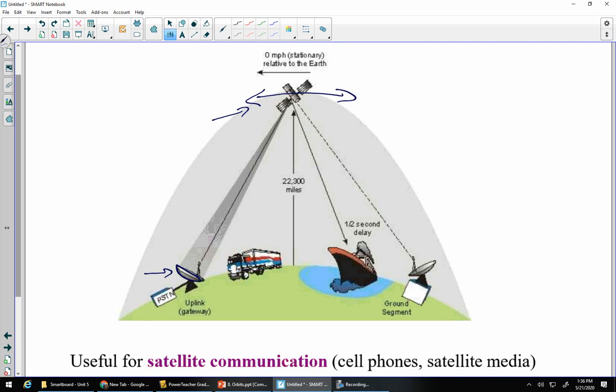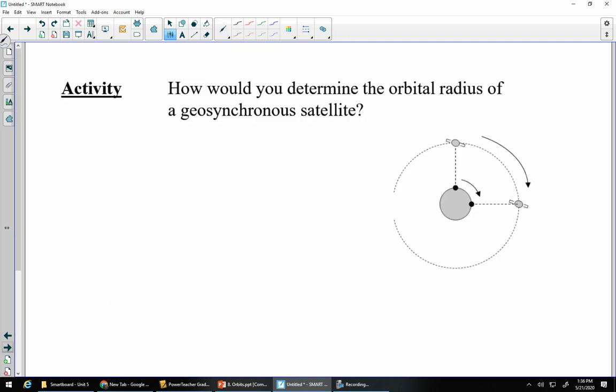But if it's in one location, or appears not to be moving, I should say, at one point in the sky, you can hook your satellite dish up once, or your cell phone tower up once, and it's going to stay that way. Right? It's going to be awesome. It's going to be perfect.